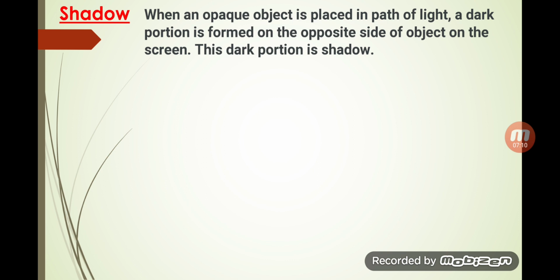Suppose you stand in front of the sun, you can see that a shadow is forming behind you. It means whenever an opaque object comes between light and screen, then a shadow will form.